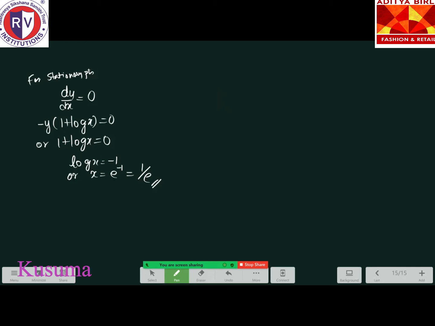Or let us simply write it as 1 by y into dy by dx. 1 by y into dy by dx is equal to minus of 1 plus log x. So LHS will become 1 by y into d square y by dx square plus dy by dx into minus 1 by y square, which is equal to minus 1 by x.